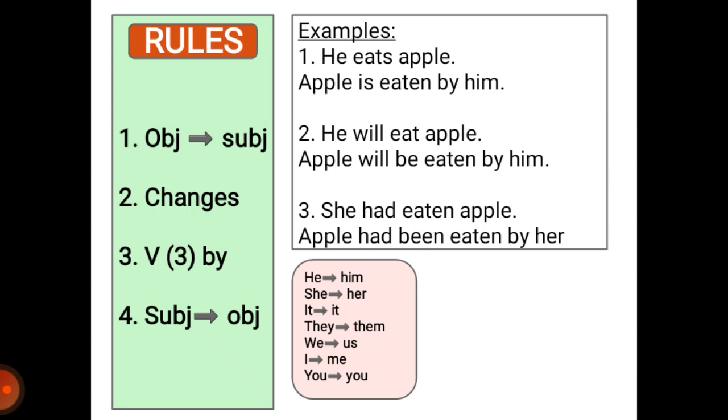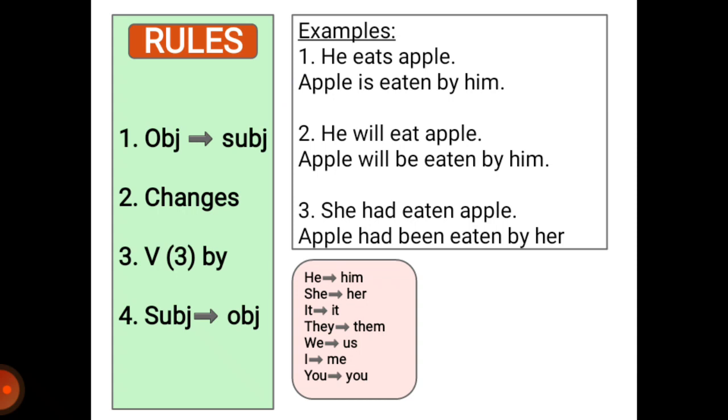In he eats apple, apple is the object, and we read in rule number 1 that object will be converted into subject. So apple will become the subject, and subject is basically the very first word in a sentence.